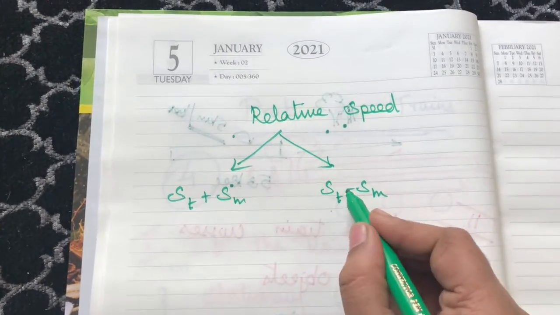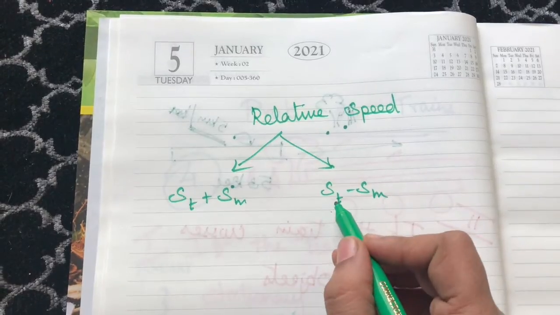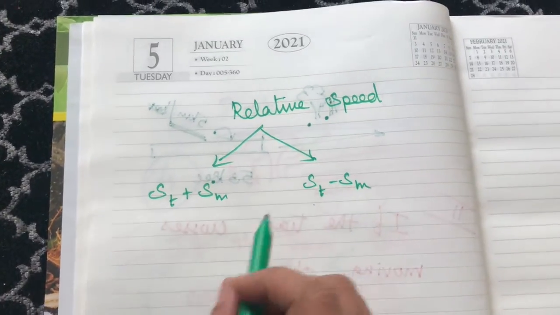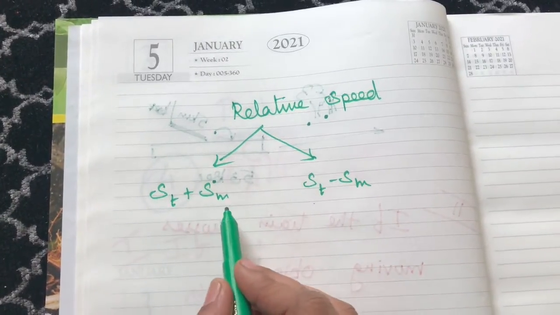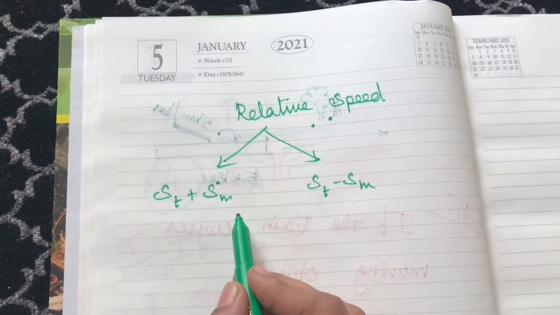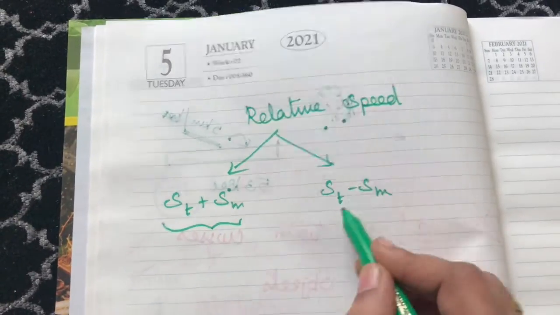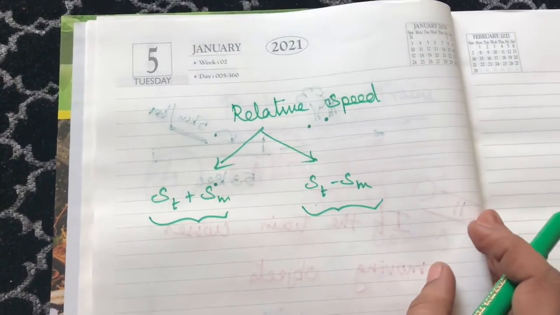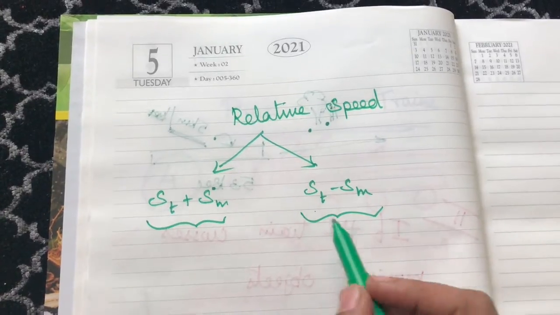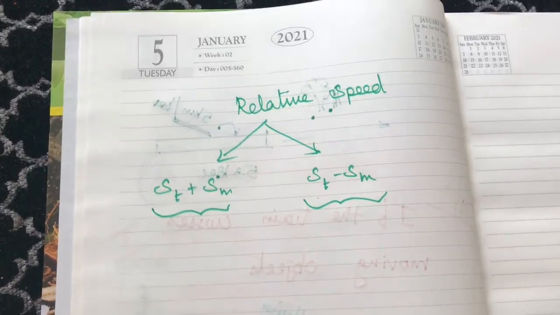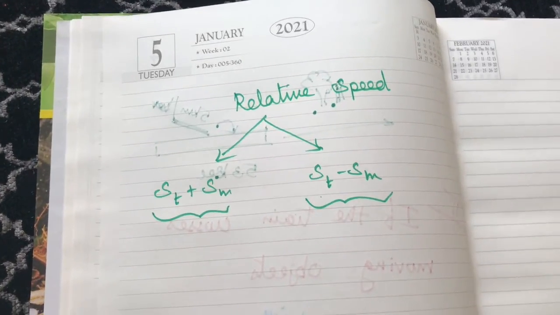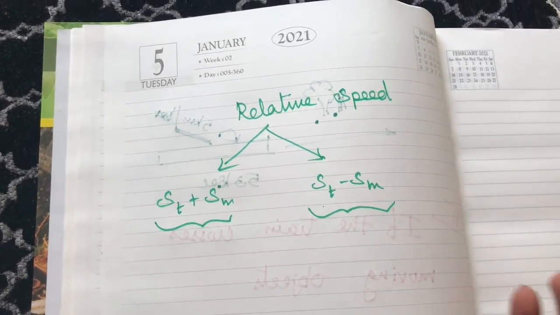It can be either one. You can subtract the man from the train, or add the speed of train plus speed of man. So this is what relative speed is. We can either add or subtract. How can we decide between these two conditions? The first one, addition.